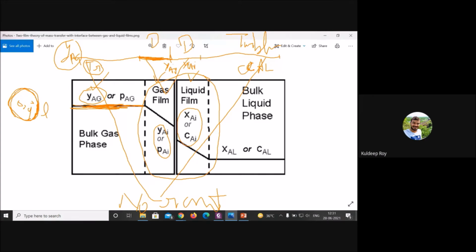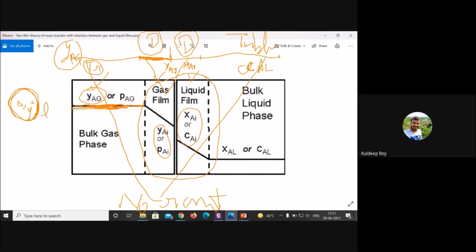Okay, but as you are also claiming that your mass transfer occurs at this particular region, species will transport from this particular position to this particular position. How? Due to the concentration gradient. If we talk about concentration gradient, then definitely the diffusion term will come into the picture.